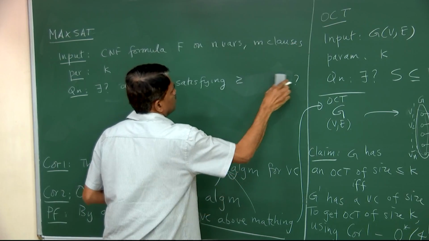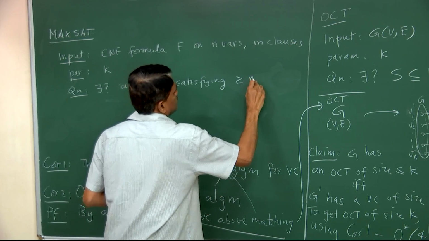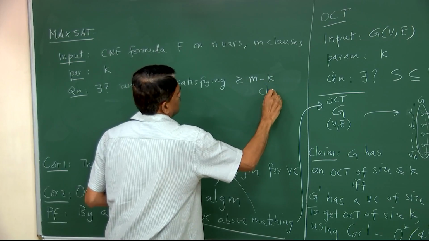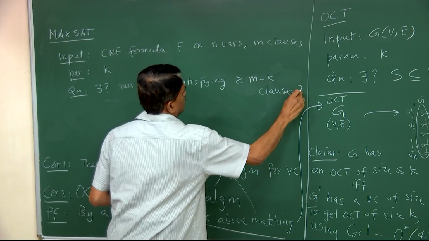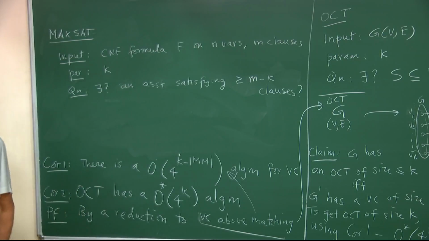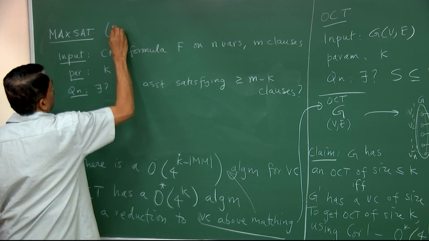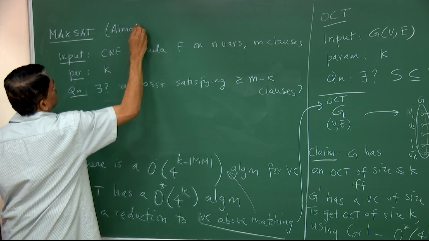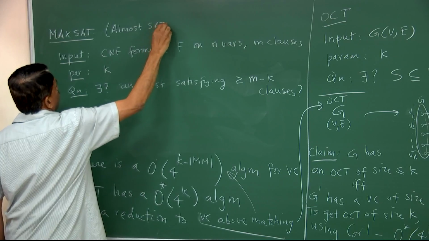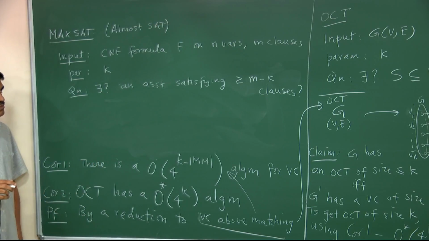Now, I ask, is there an assignment that satisfies at least m minus k clauses? This is sometimes called almost SAT. So this is also a version of max SAT.